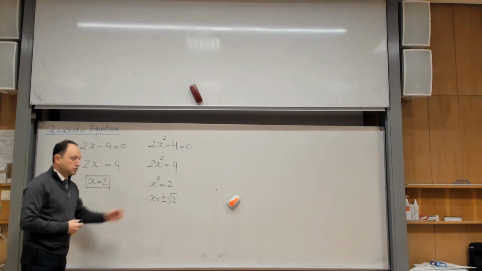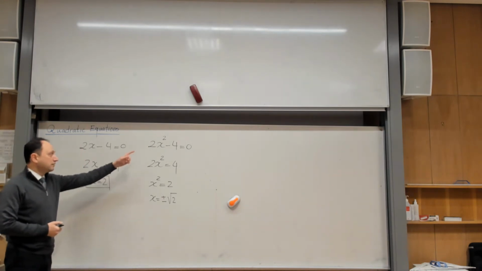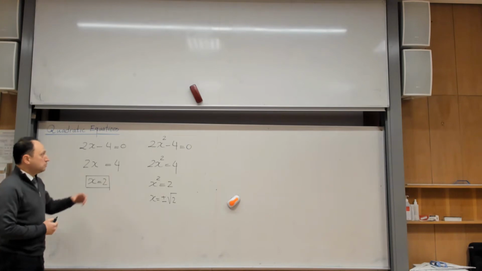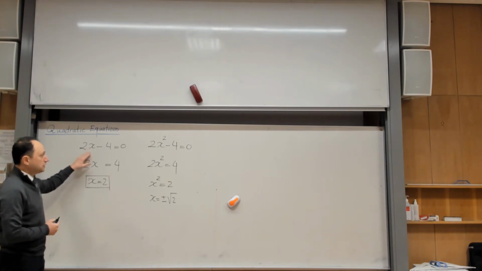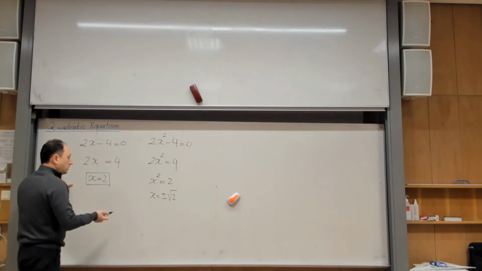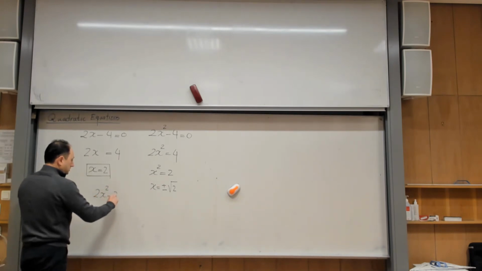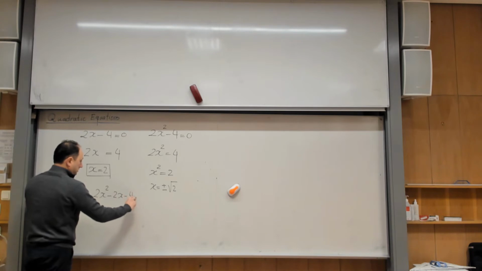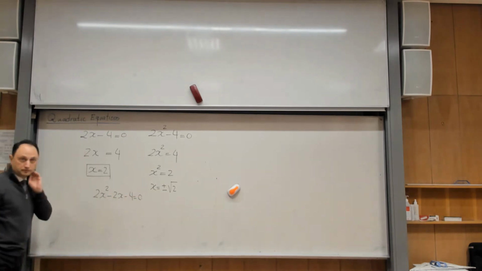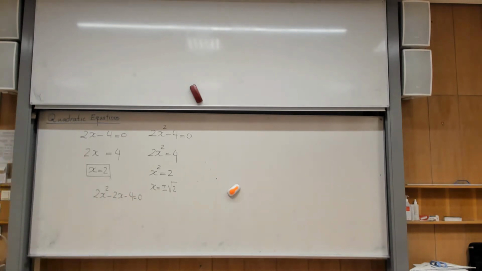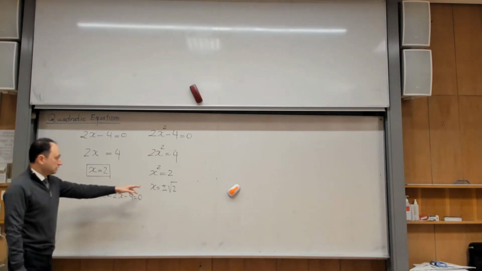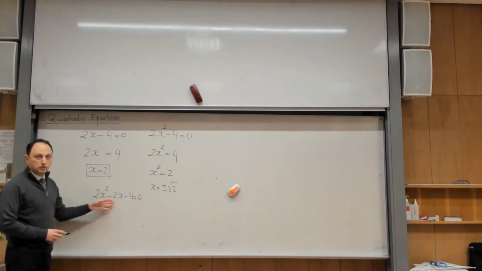But this is not usually the case. Because if I have the second degree equation, I might also have the first degree term there. For example, what happens if I want to solve this equation? In that case, this method does not work. How can I make x alone on one side?